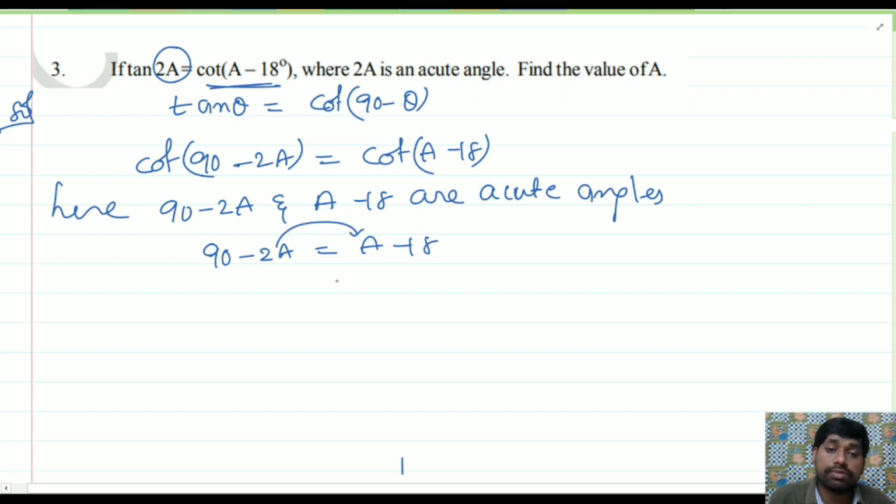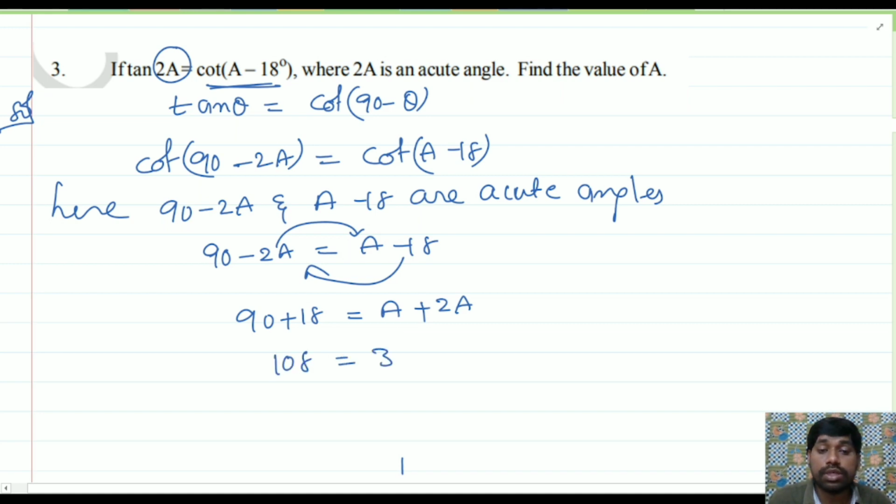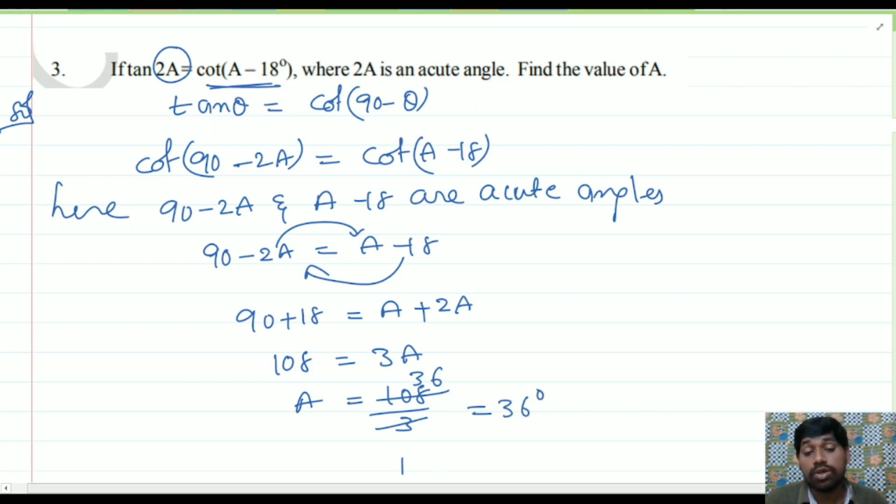Transferring these values, 18 comes to this side as plus 18, and a is transferred as plus 2a. So 108 is equal to 3a. Then a is equal to 108 by 3, which is 36 degrees. Okay, my dear students, I hope you enjoyed. Thank you.